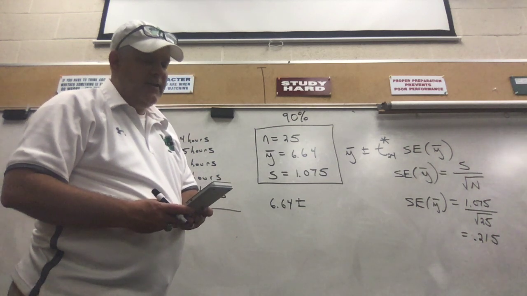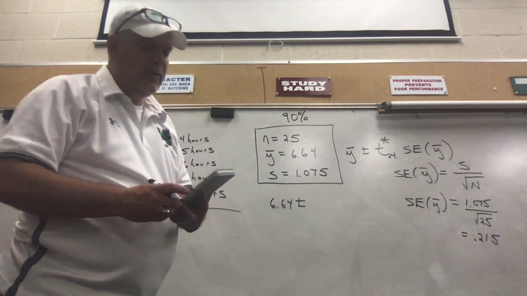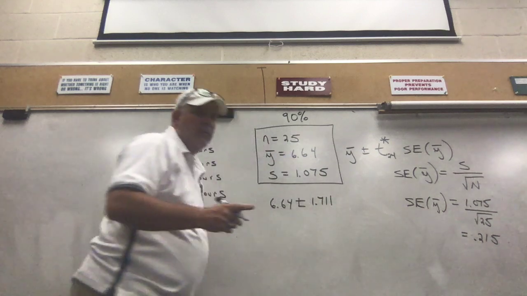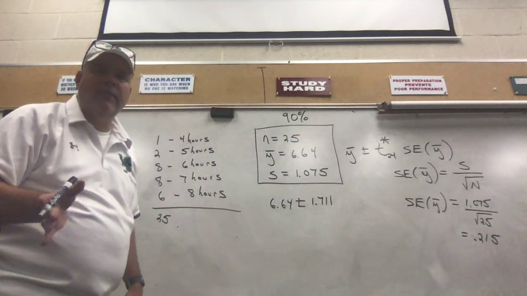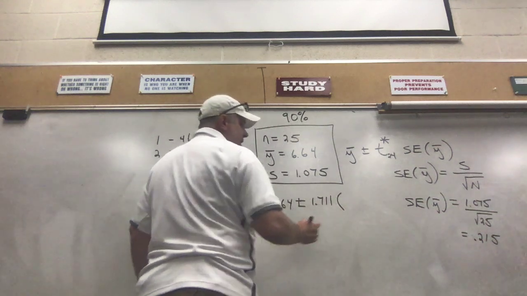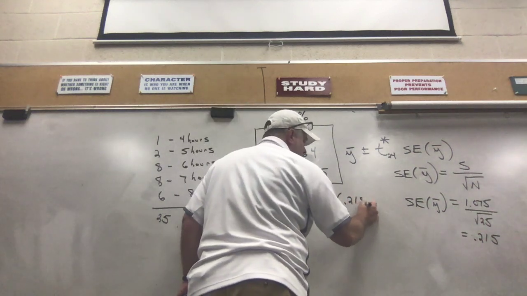And our T asterisk is 1.711. We just calculated that as our example a few minutes ago, times the standard error, which is 0.215.